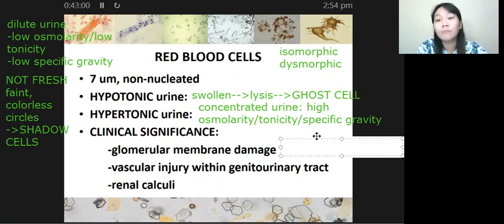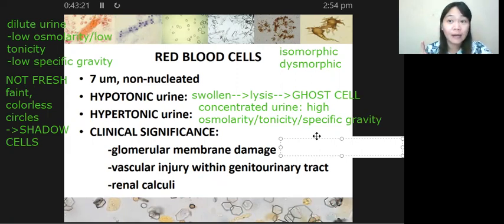So ibig sabihin more than one ang kinoconsider nila. Okay? However, there are instances wherein a particular red blood cell which is considered to be glomerular in origin will only have one bleb or one protrusion. Okay?